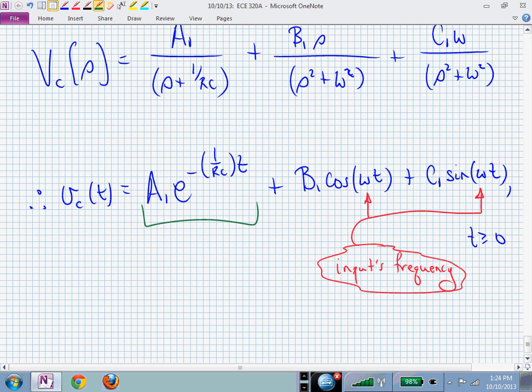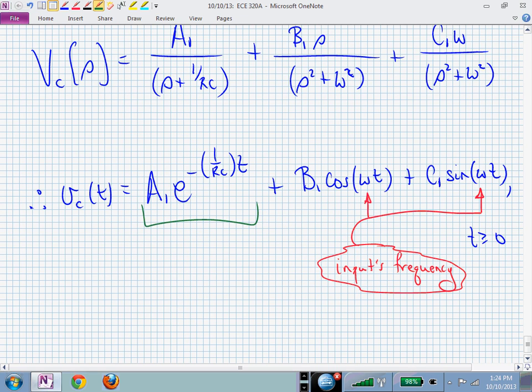But how long are we going to have to wait before that green bracketed expression is gone? 5 time constants, right? Where a time constant in this RC circuit is just RC. So we wait 5 time constants, and now we're just in the sinusoidal steady state, practically.